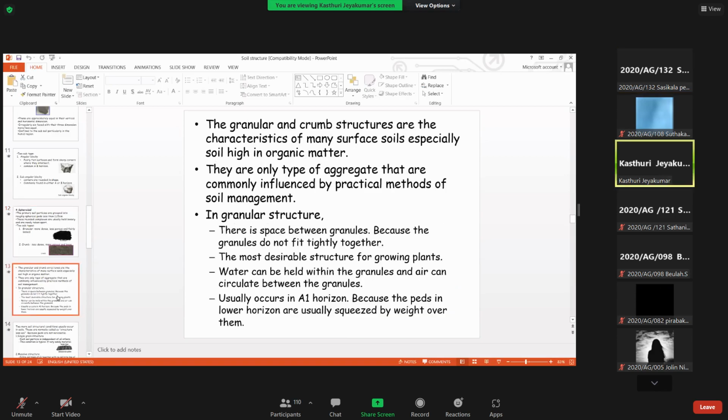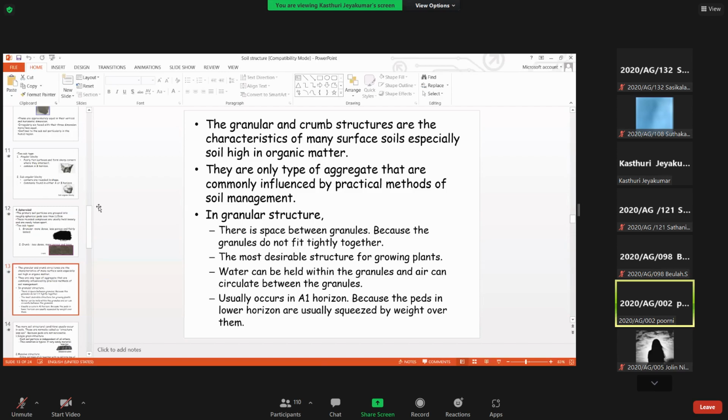The granular and crumb structures are the characteristics of many surface soils, especially soil high in organic matter. They are the only type of aggregate that are commonly influenced by practical methods of soil management.